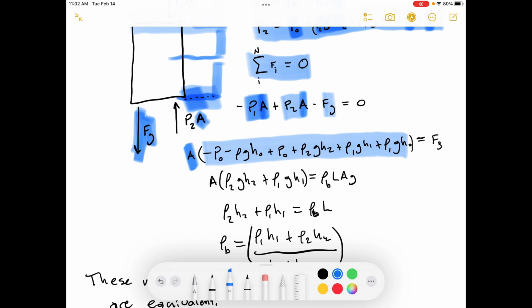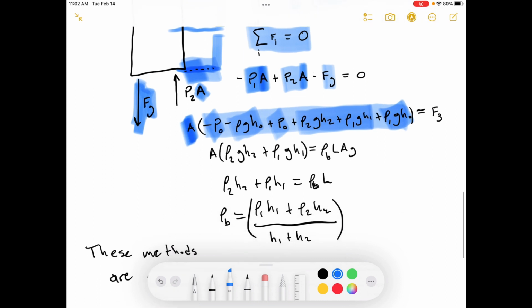And you'll notice right away that P naught cancels out with that P naught, and this rho g H naught cancels out with this rho g H naught. And we're just left with these two terms times the cross-sectional area. And we can substitute in the same weight that we calculated before, which was the density of the block times the length of the block times the cross-sectional area of the block times gravity.